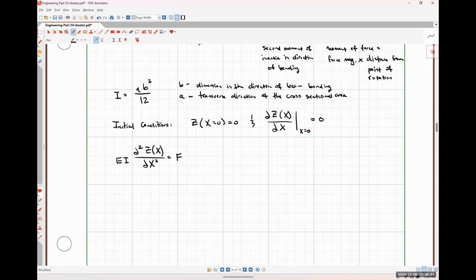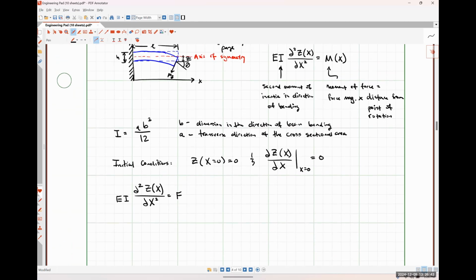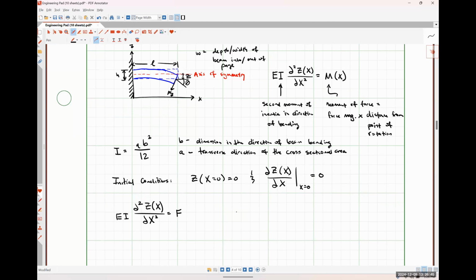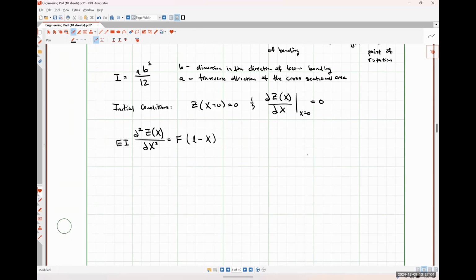That's just going to be the magnitude of our force, and I'm going to write this as L minus capital X, where this is telling us where along the length of our beam we are applying our force to give us our moment of force, right?